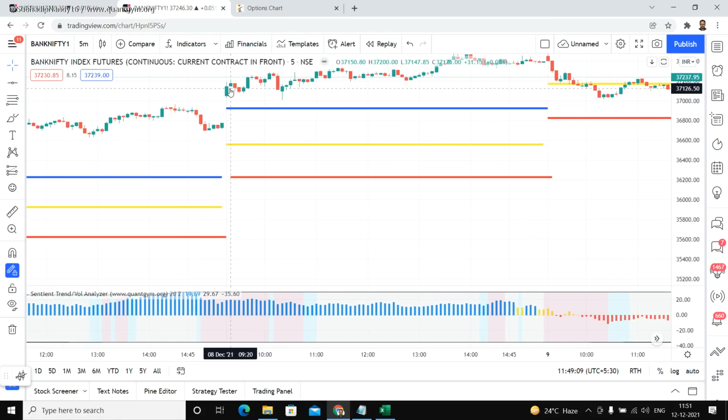8th, market jumps up above the upper level. Volatile, neutral, volatile, normal. This is where you get a chance. It's 11:05. Conservative, let us pick up this trade, say 36,600. So 8th December, 36,600 put.